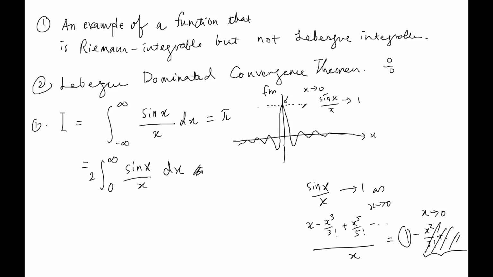Okay. So anyway, this is Riemann integrable, and now we're going to show that it's actually not Lebesgue integrable. Yeah. Okay, this function is not Lebesgue integrable. So for simplicity, we are just going to consider from 0. The value of x will start from 0 and go to infinity, because it's symmetric.